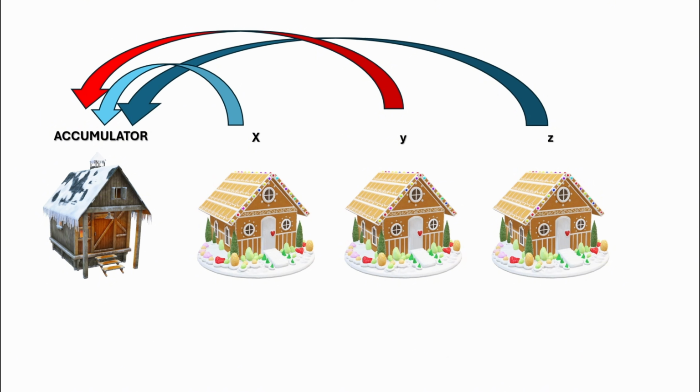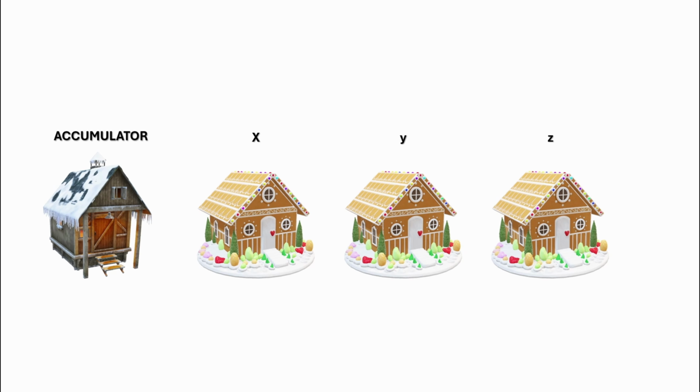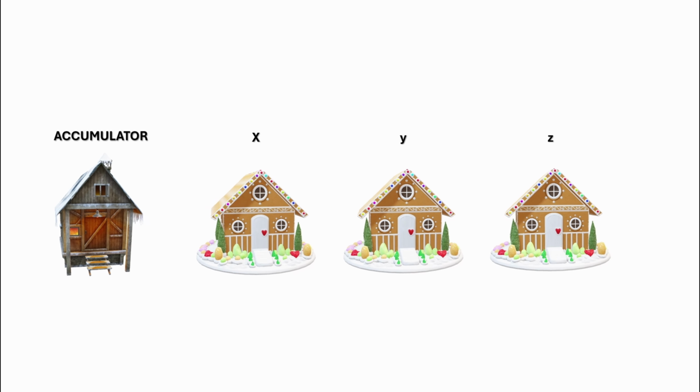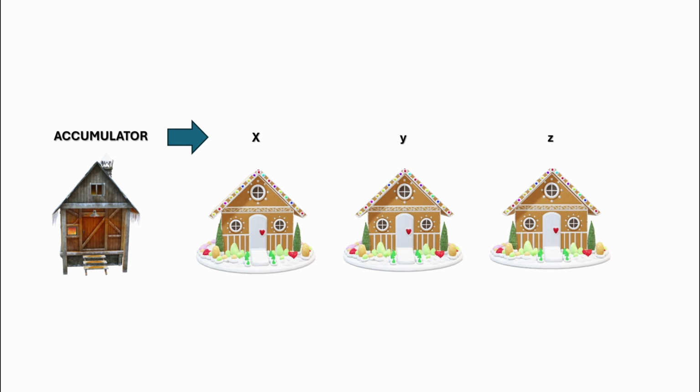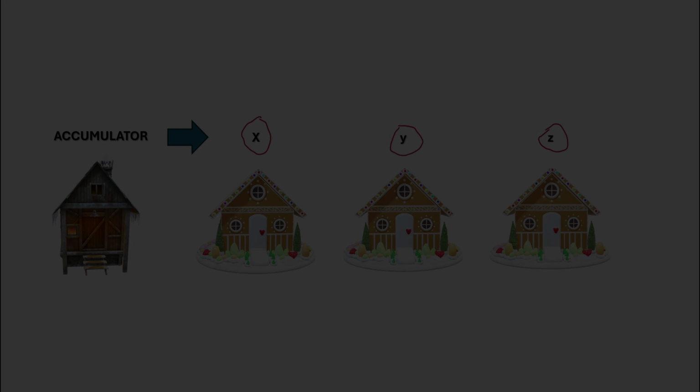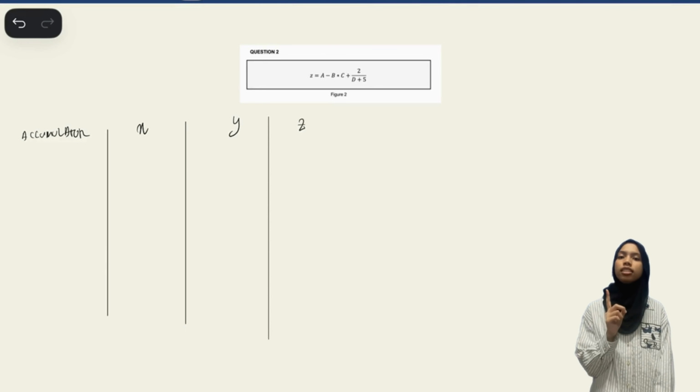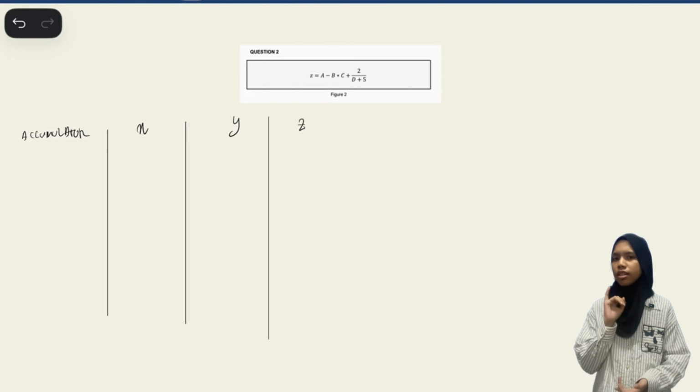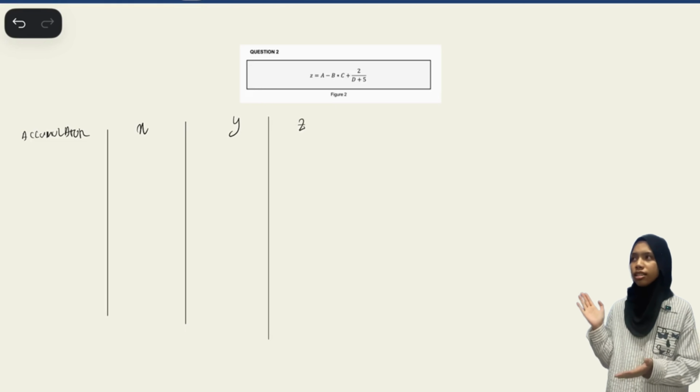The data in memory, such as location X, Y, or Z, is loaded into the accumulator whenever needed. At the end of all the operations, you should store the final value in the register or memory location specified in the question. For a one address instruction, the first step is to draw a table like this.